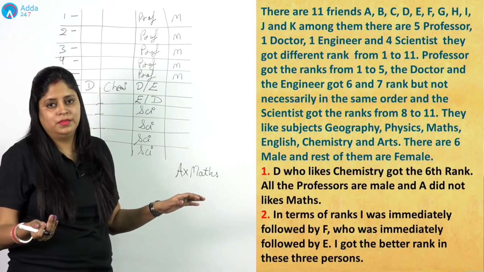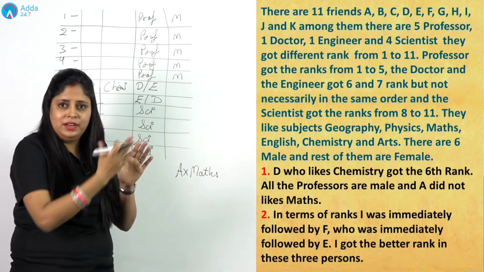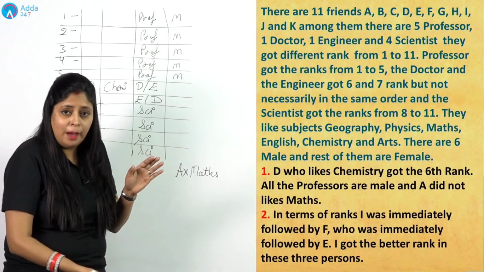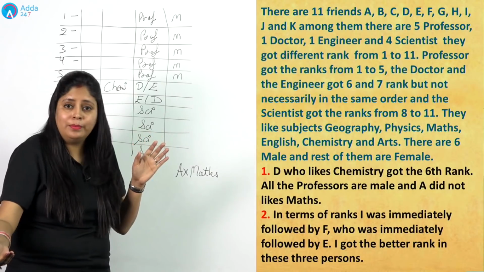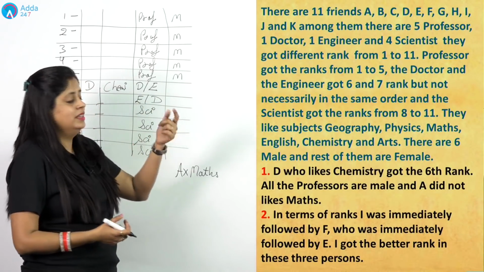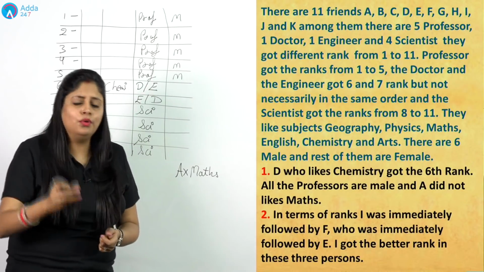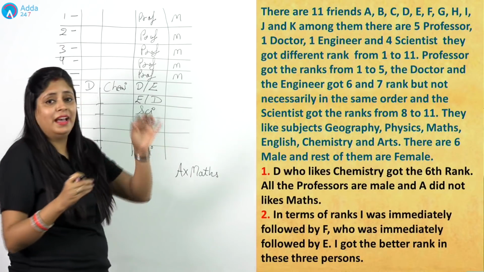We don't know. There can be a gap, a number of gaps also, we are not aware of that. But whenever the word immediately is given, we are clear that there is no gap between I and F.